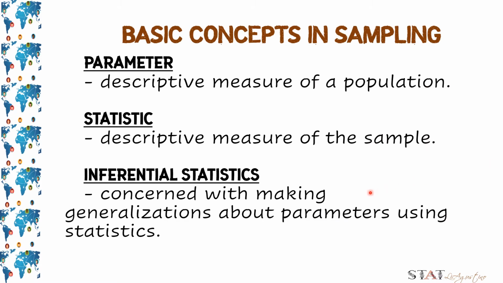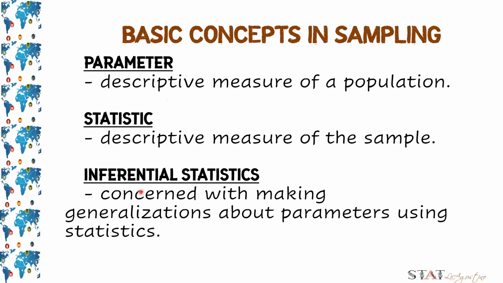Now, let's define as well some basic terms. Parameter is a descriptive measure of a population, as we've learned in the previous topics. And statistic is a descriptive measure of the sample. Remember the sample mean? That's also a statistic because it is a descriptive measure of the sample. Parameter, just like our population mean, is the parameter.